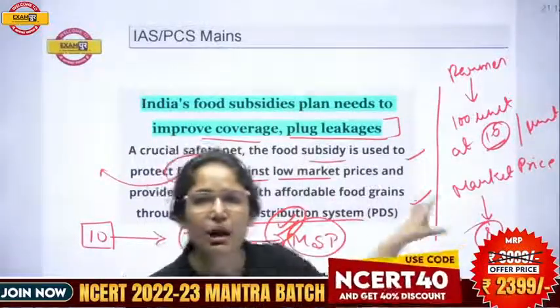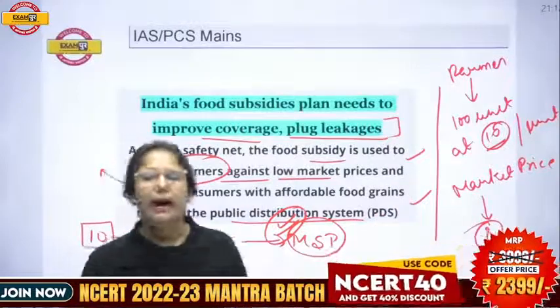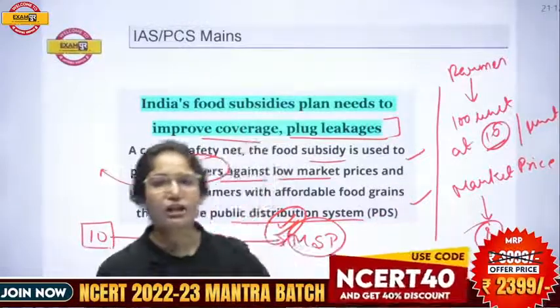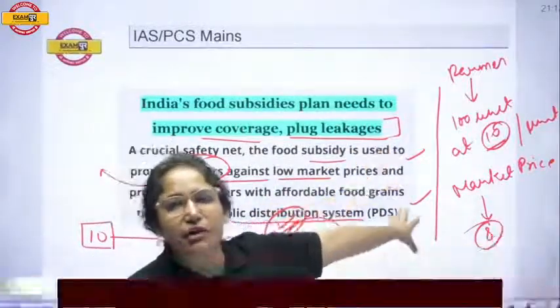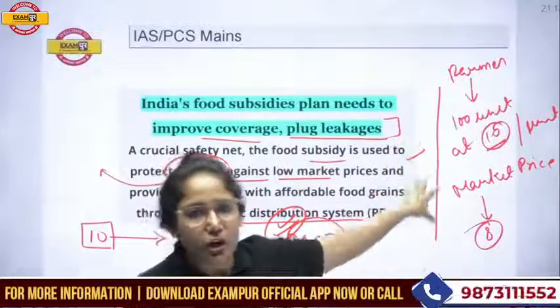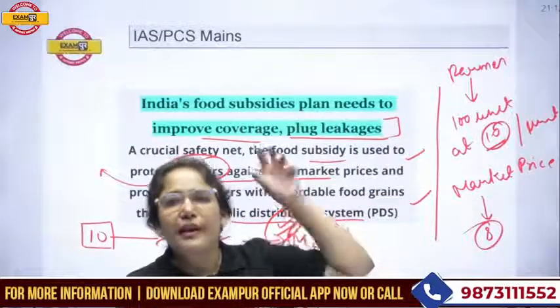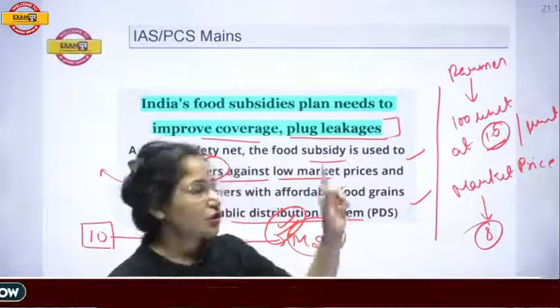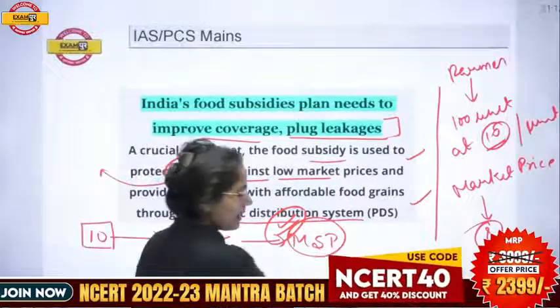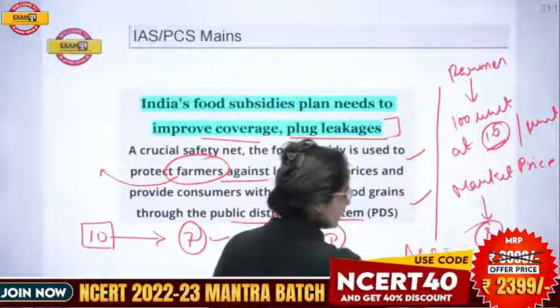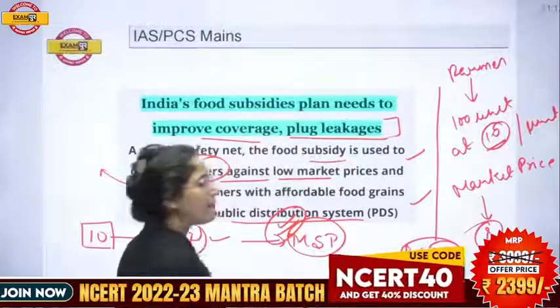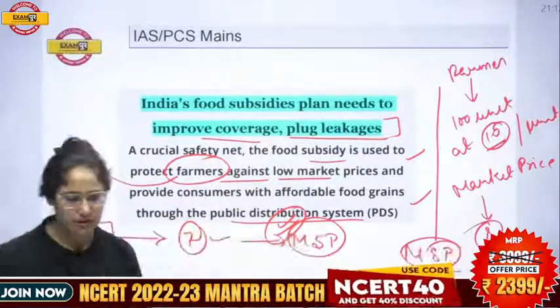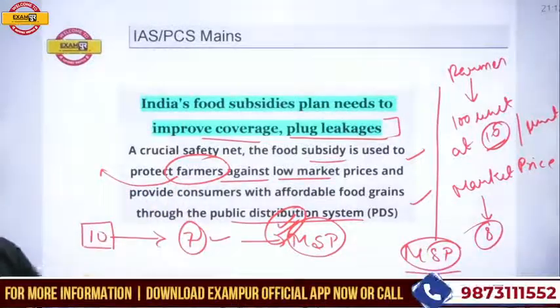In that condition, the government would come into the picture and say, in order to prevent such kinds of disturbances in the economy, we are going to provide you the subsidies. Do not stop making the production. So in this way, MSP comes into the picture just to prevent the farmers from such conditions. This is only available for 23 crops.